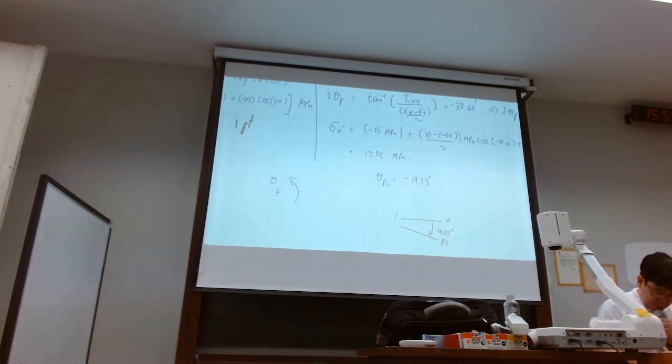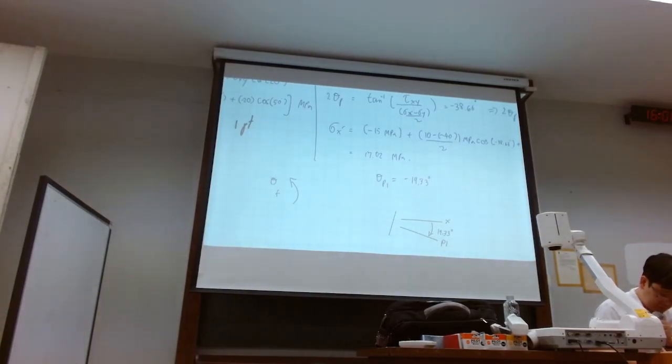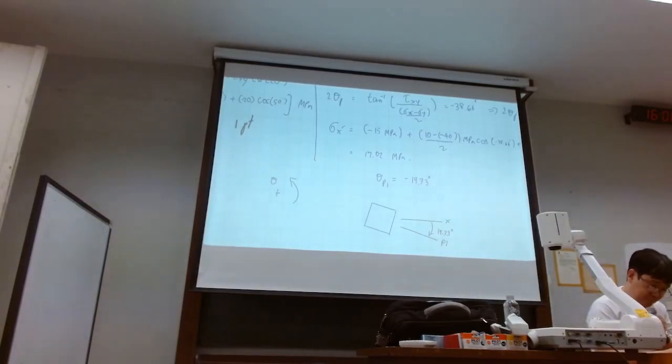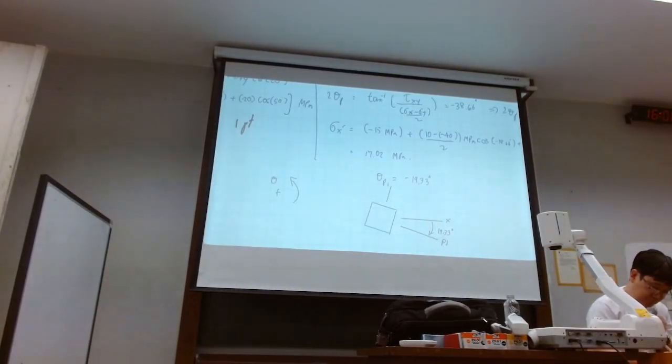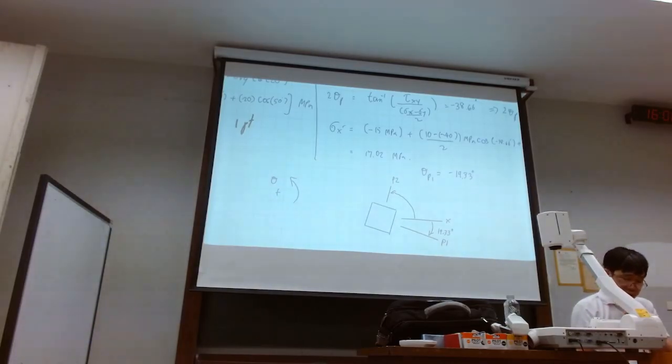That means I can draw. Let me try to draw this particular one. This is your P2, 90 degrees apart.